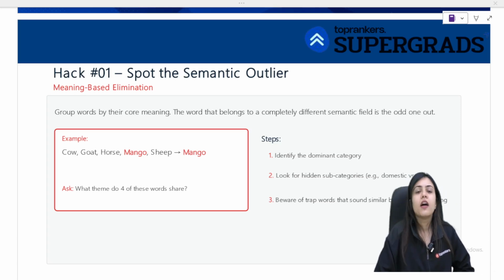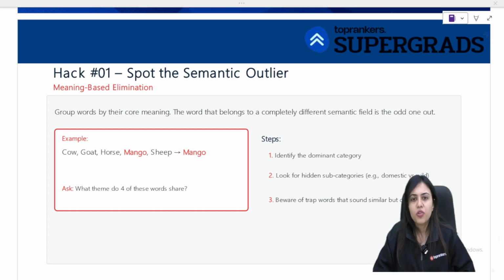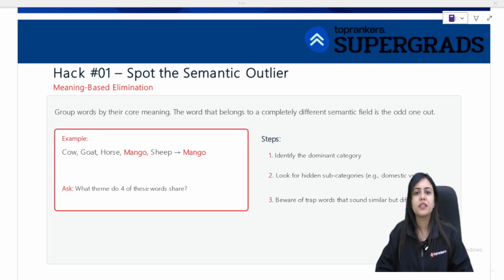Similarly, in a question based on odd man out, four of the sentences will follow the same theme, but one of them will be digressing from that theme. So first of all, you need to identify the dominant category. You need to look for hidden subcategories. There is a good chance that there might be hidden subcategories. And you need to be very, very aware of trap words, because trap words sound similar but have very different meanings.